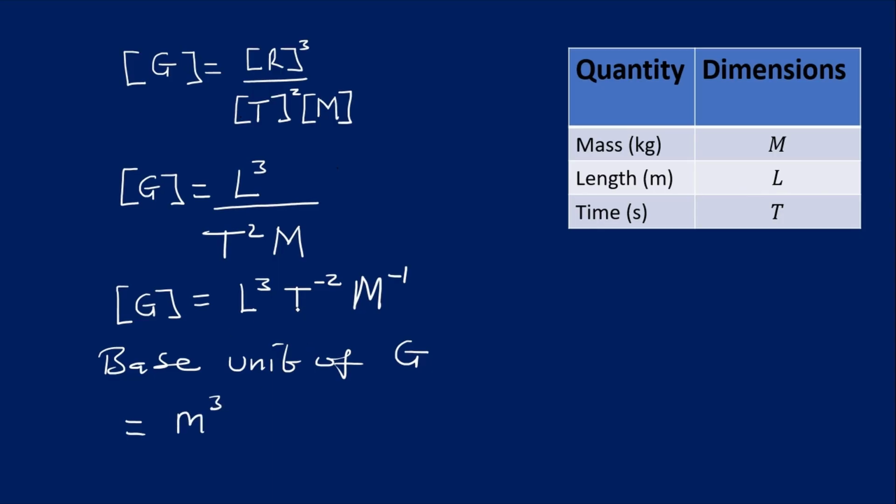And what will be the unit of time? Time is in seconds. So we have seconds exponent -2. And what is the unit of mass? That will be kilogram. We have exponent -1 here. So this is the base unit of G, and that answers question 1.